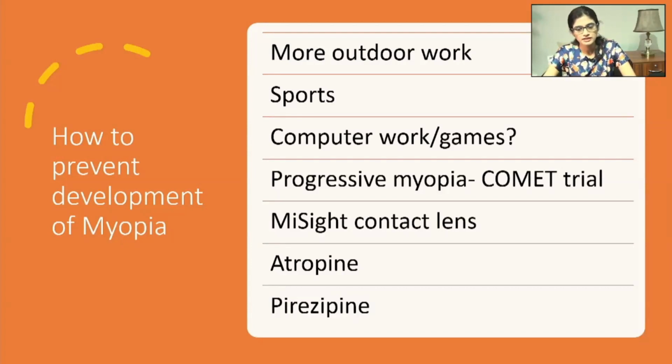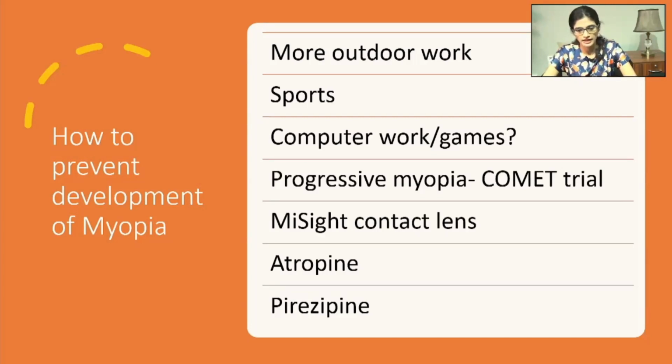There are other things like the MiSight contact lens, the recently FDA approved lens that has a component to provide near vision and distance vision, thus limiting the requirement of accommodation. This has also proved beneficial to prevent development and progression of myopia.